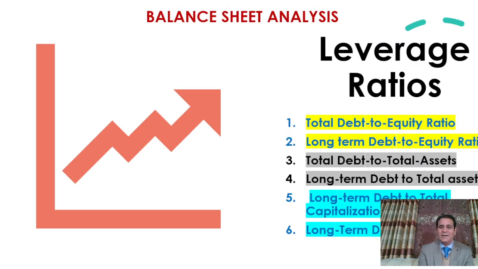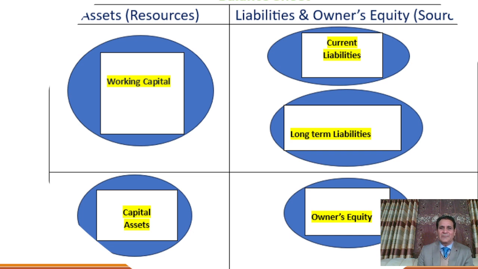And we have different leverage ratios. The first one is total debt to equity ratio, then long term debt to equity ratio, total debt to total assets, long term debt to total assets, long term debt to total capitalization, long term debt to capital assets. These are the important ratios among the leverage ratios.